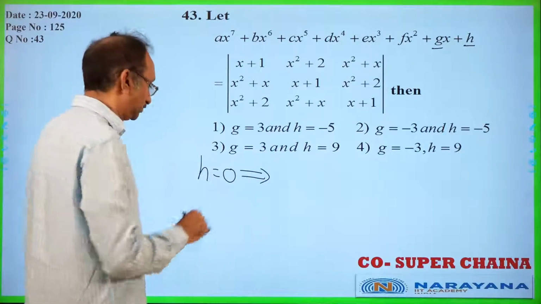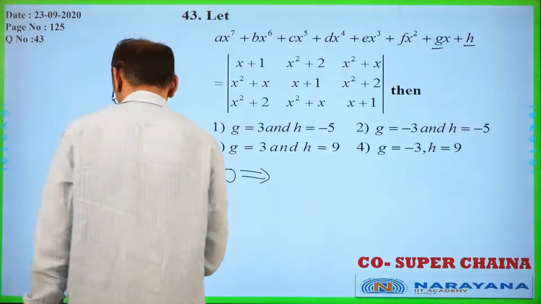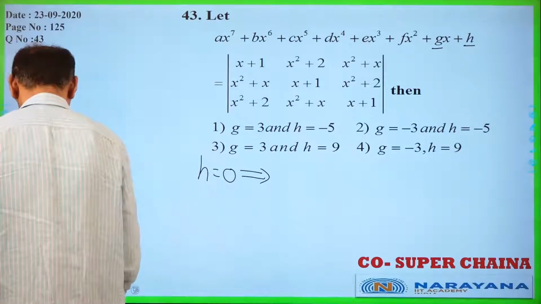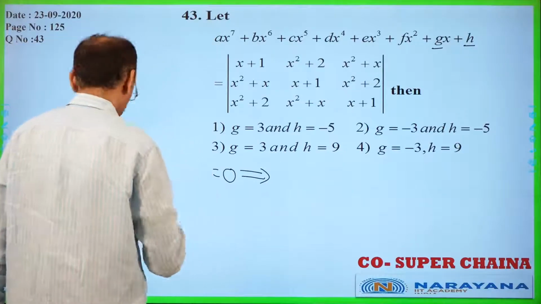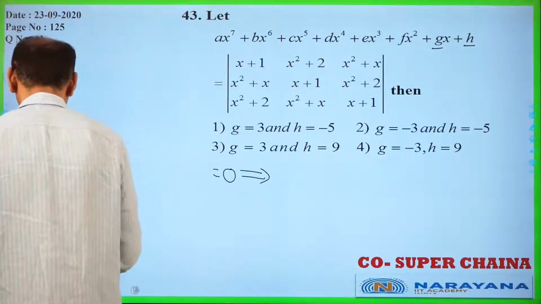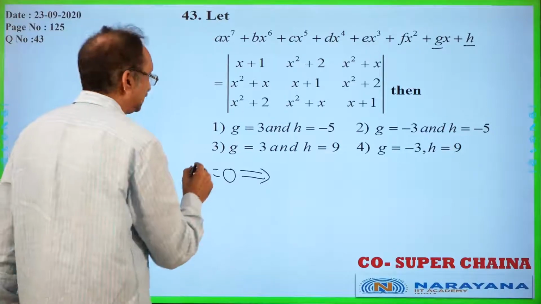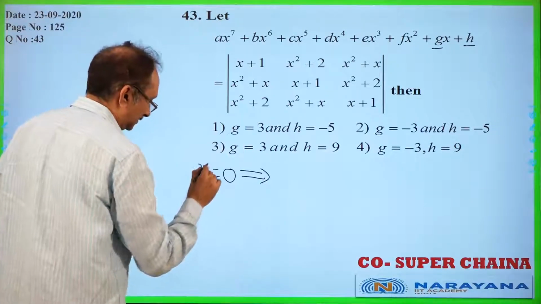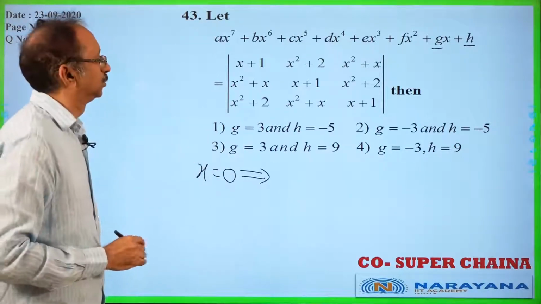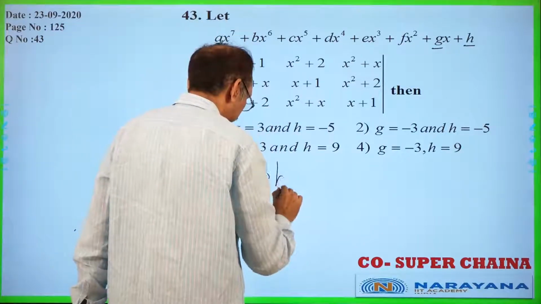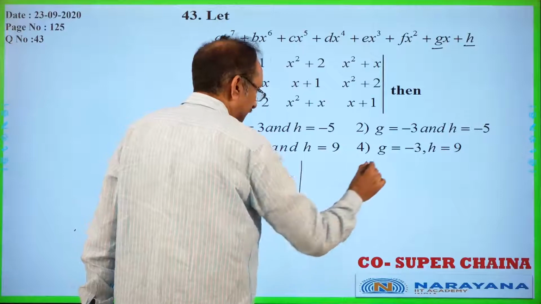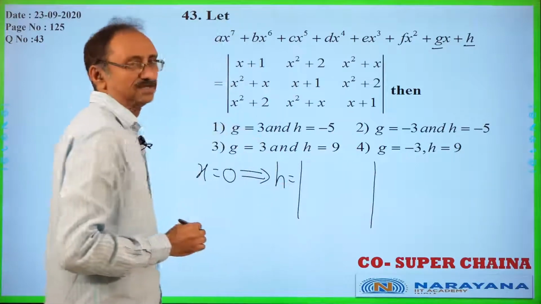It is a polynomial in x, so substitute x is equal to 0. What is the left hand side? You will get h. And what is the right hand side?